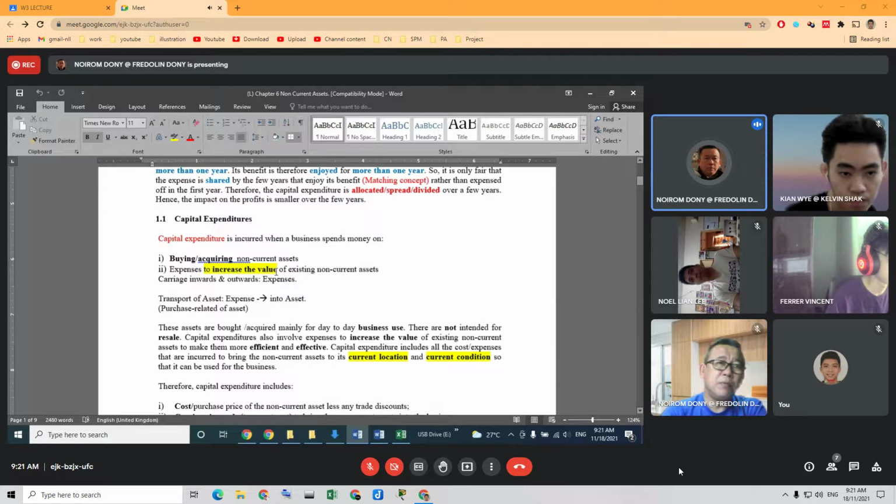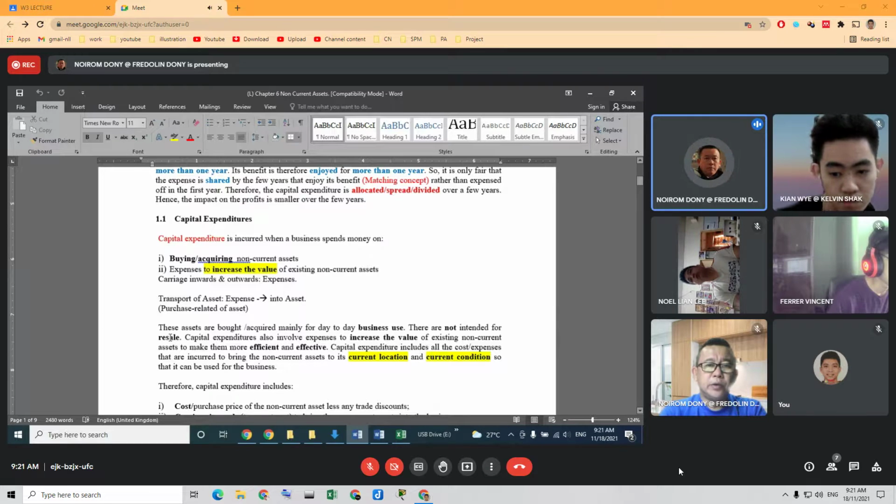And then probably you need to buy some additional items. Let's say you need a casing, you need a leveling place to put the machinery. Okay, so those costs of buying these items are also considered as capital expenditure.